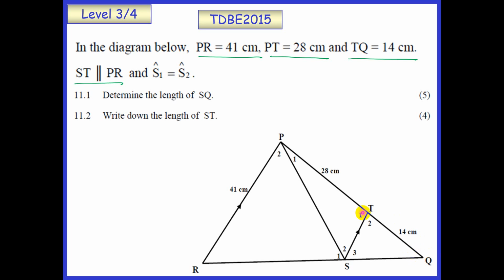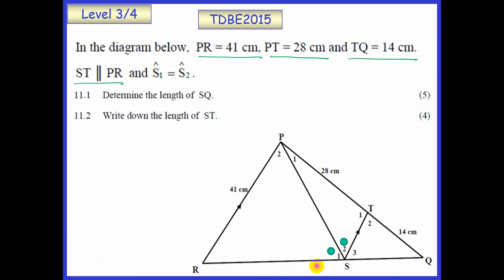In other words, that QT over TP is equal to QS over SR. The first question there is to find the length of SQ. Now immediately if I want to find SQ, notice I don't even have SR. So I need to do a little bit of work to see how I can find SR. But a key point they are telling us here is that S1 is equal to S2.